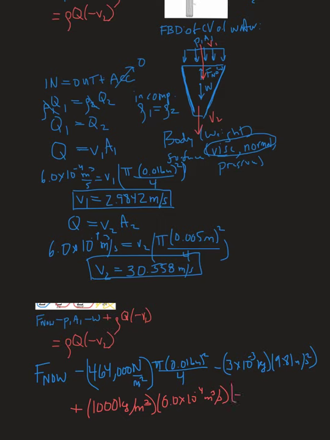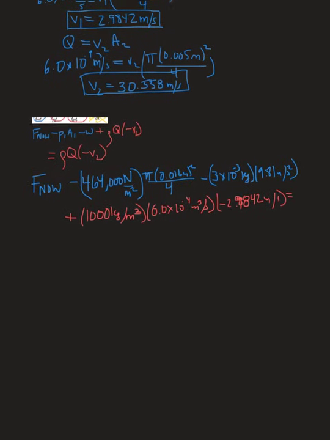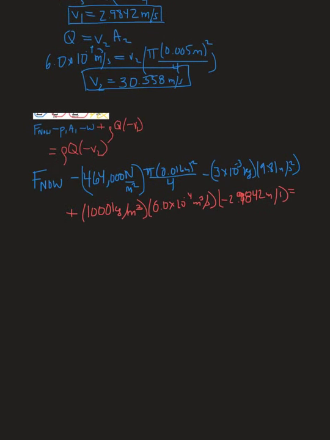That negative sign is important. 9842 meters per second equals, and let's keep scrolling up. These momentum terms always kind of look the same, which is nice.